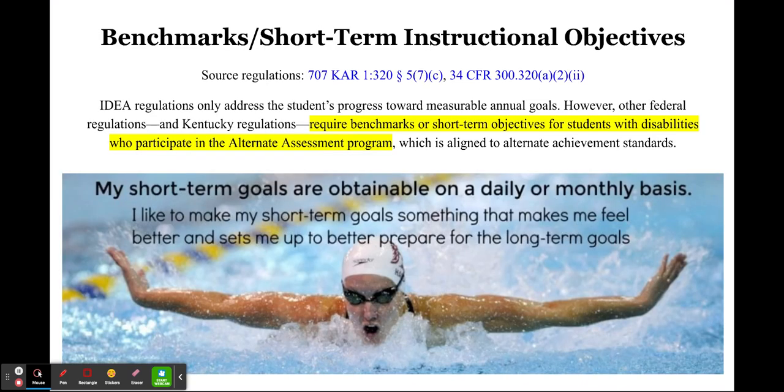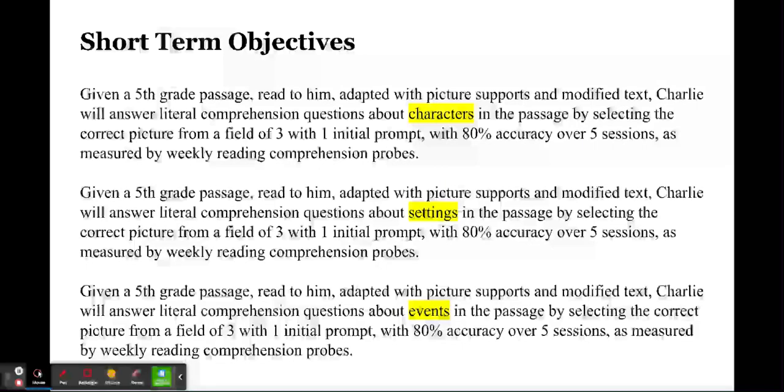For students who are participating in the Kentucky Alternate Assessment, it is required that we include benchmarks or short-term objectives for those students. So I'm going to give you some examples based on the goal for Charlie that we just wrote. One way is to do short-term objectives.